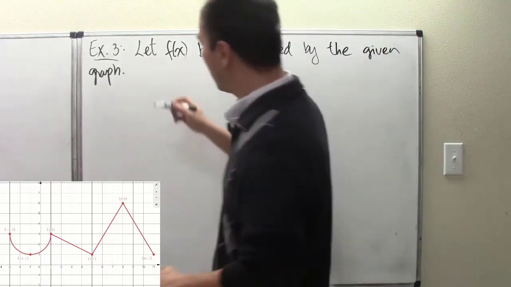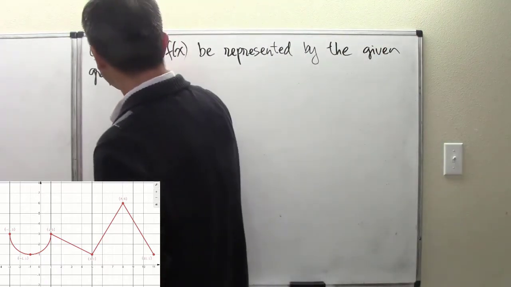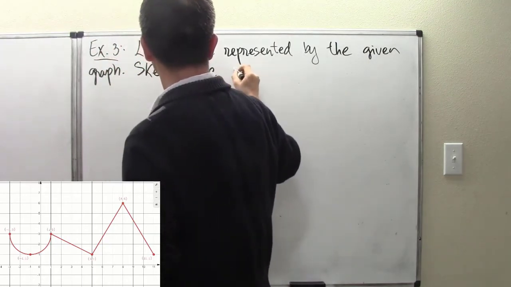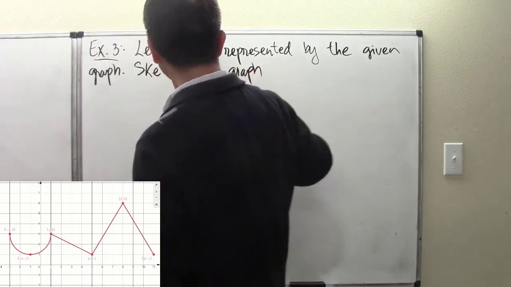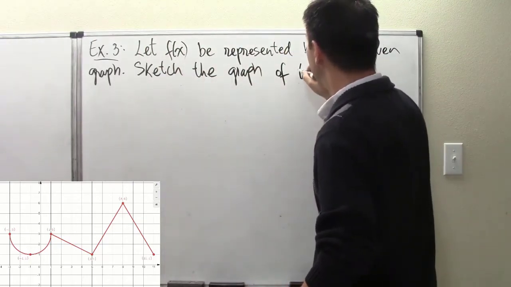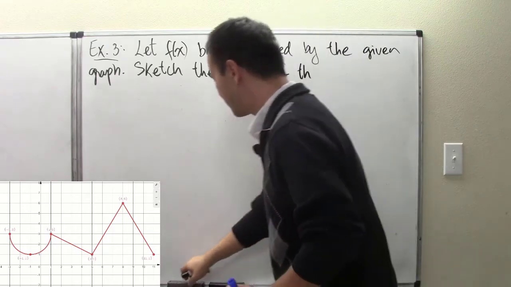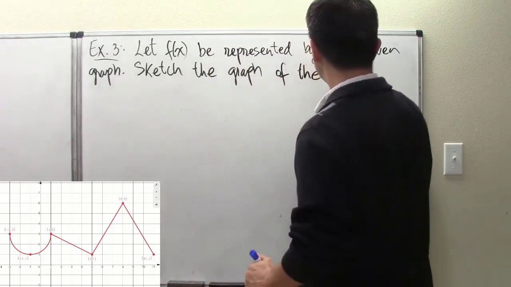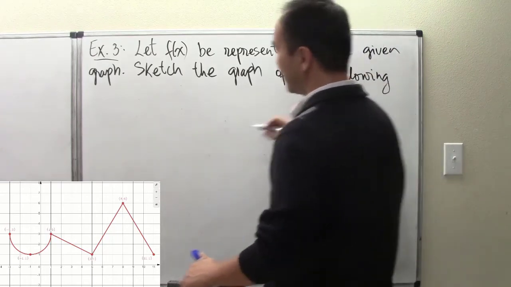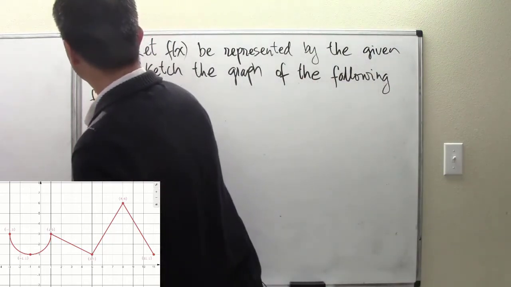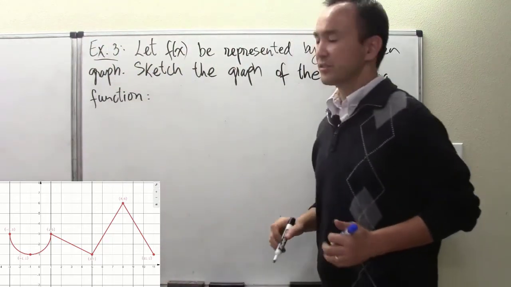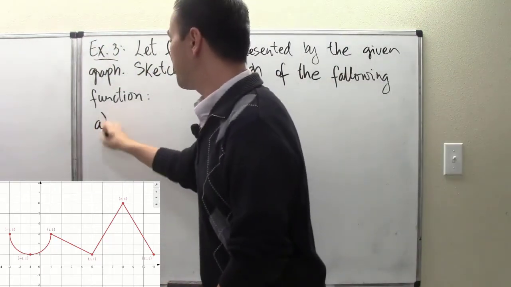And now we want to sketch the graph of the following function. I'm going to call that part A.